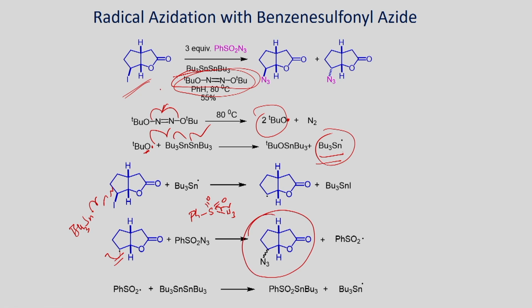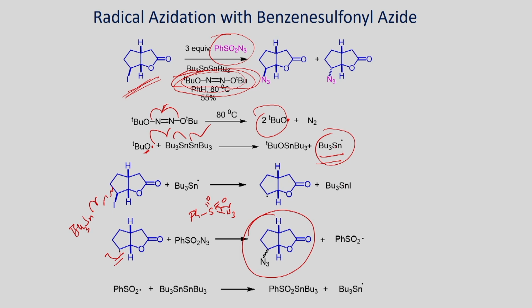So in this way, for example, if you have this bicyclic lactone which has the halogen substituent, which can be readily reacted with this sulfonyl azide in the presence of tin reagent, where we use this as a radical initiator, this can react with the tin reagent.